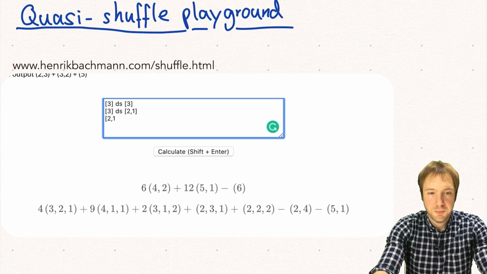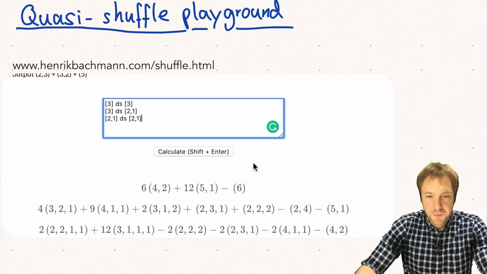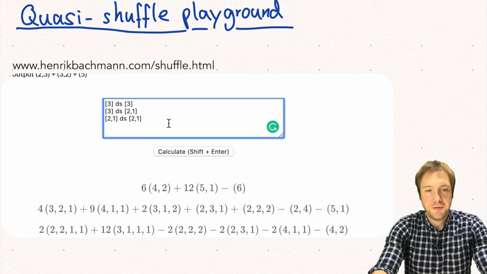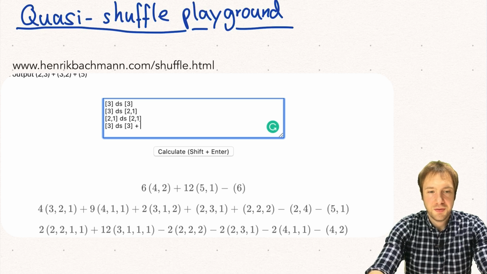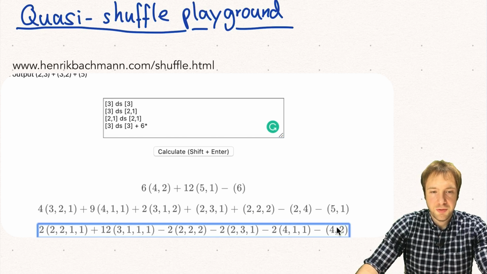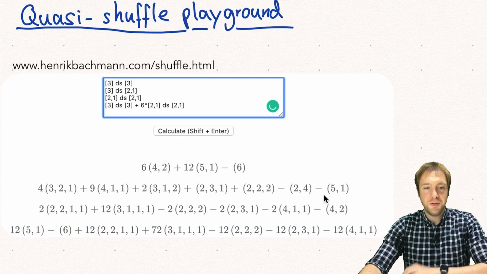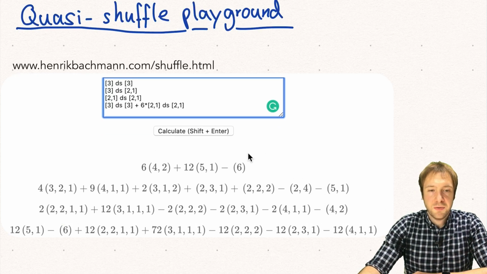For example, one could also add this to 6 times the last one to get rid of this 4, 2. So you can play around and get different relations. All these relations here are now examples of finite double shuffle relations.